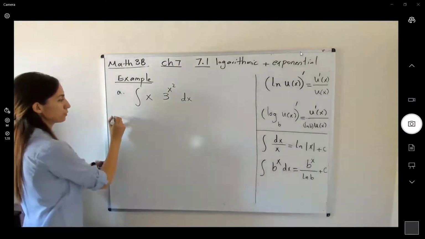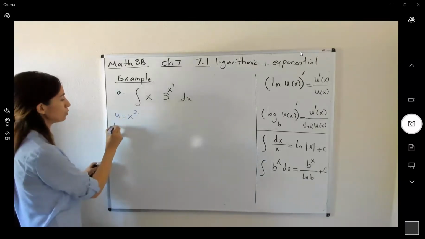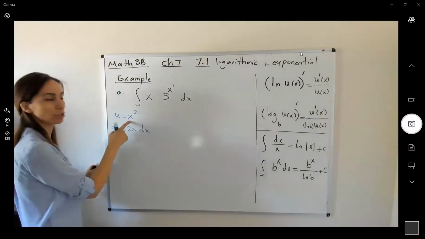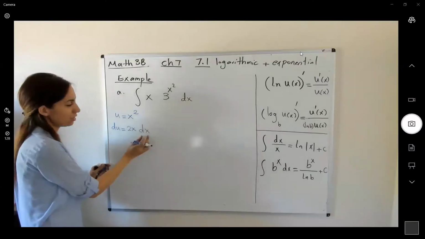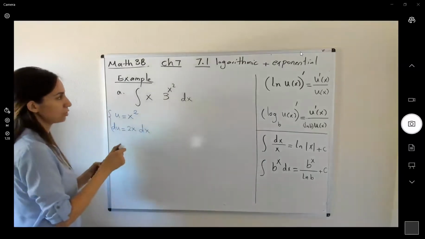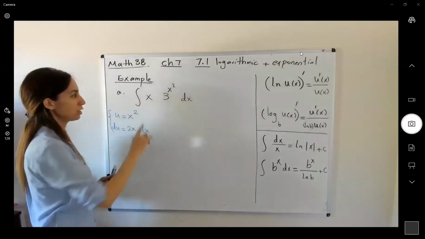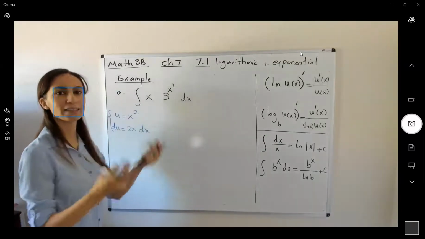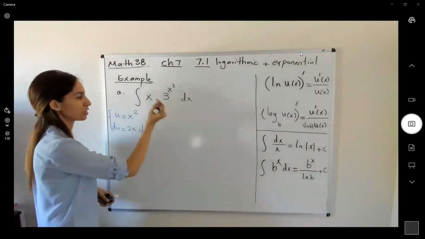Let u be x squared. So what is du? Du is 2x dx. The derivative of x squared is 2x, and since you are taking the derivative with respect to x, you need to have dx. Well, look at your integral. You have 3 raised to u, you have x times dx. So if you multiply and divide your integral by 2, you can actually see du here.